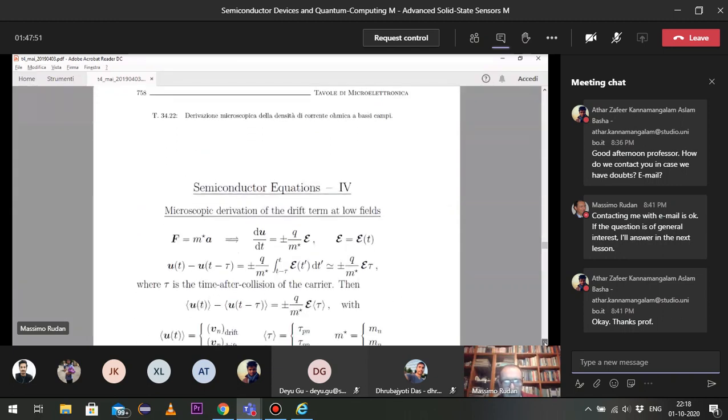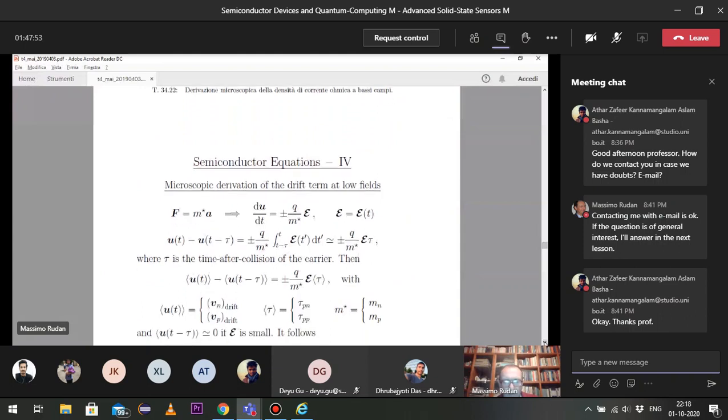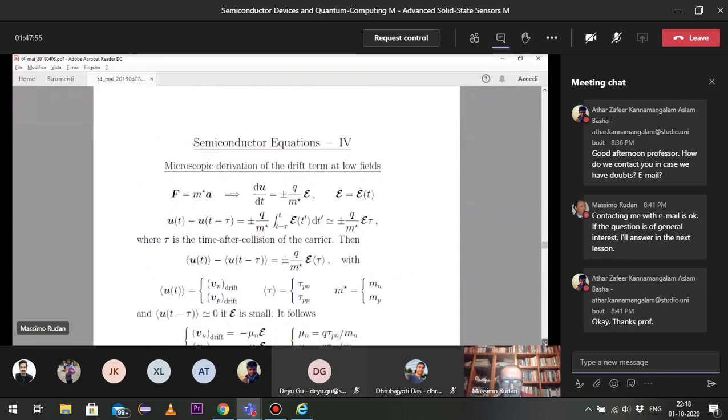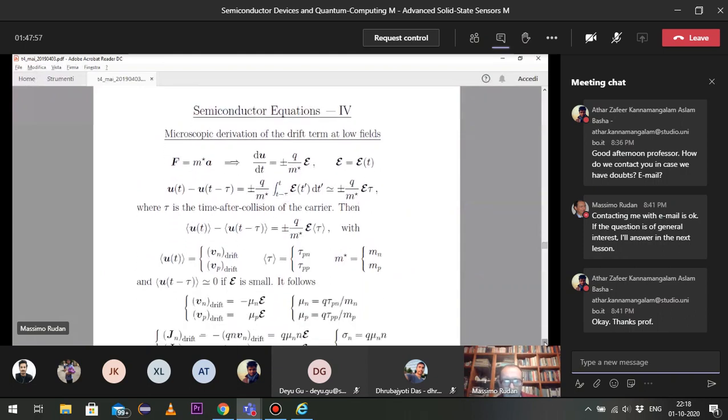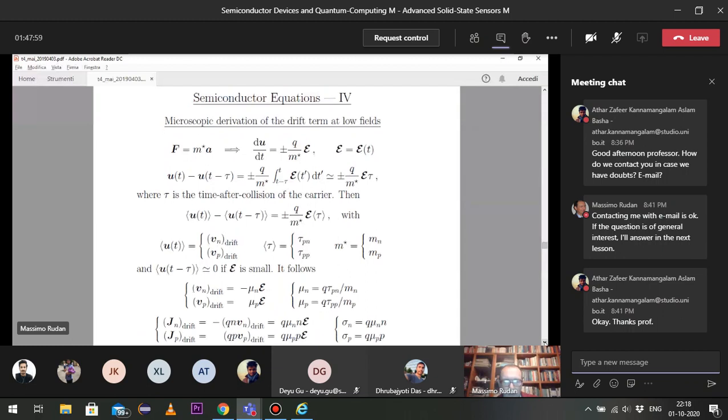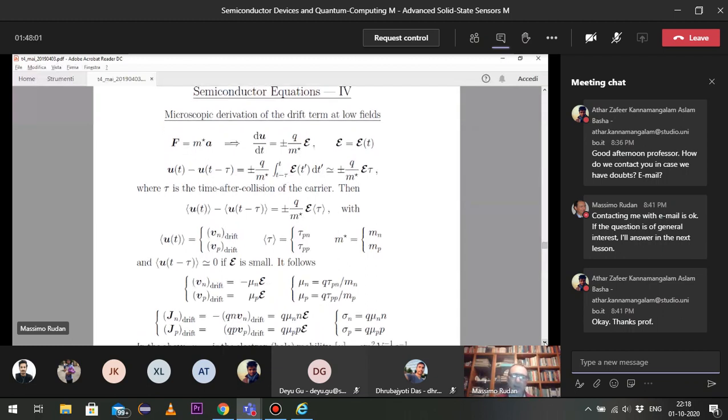Now let's try to extract heuristically from some microscopic consideration the expressions of the conductivities, okay? What we do is the following. We consider, for a moment, a single particle.